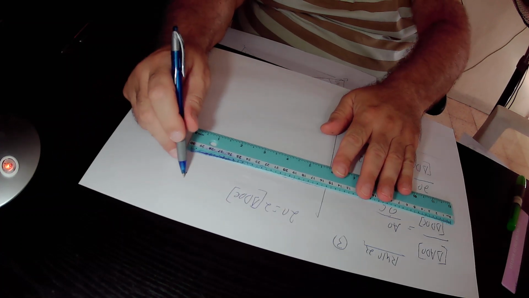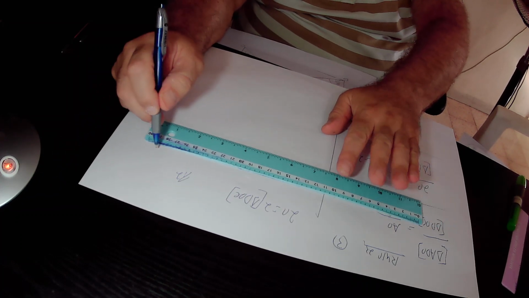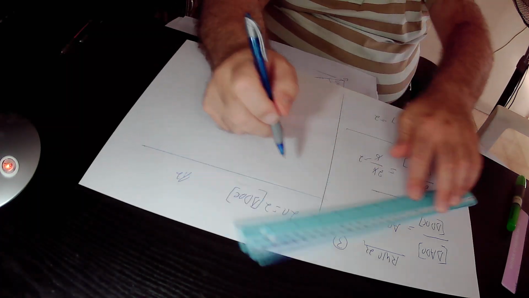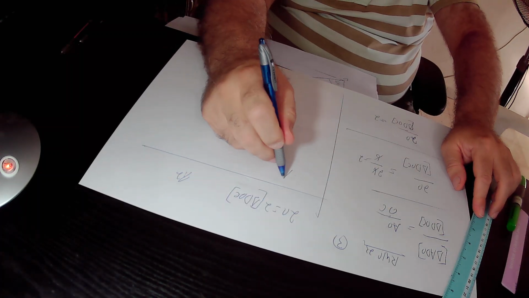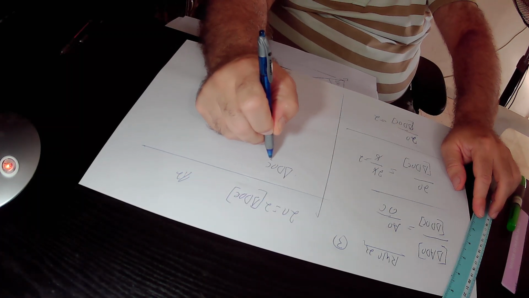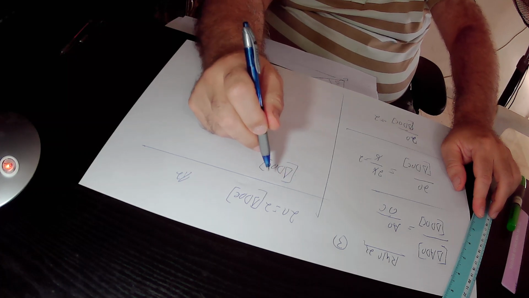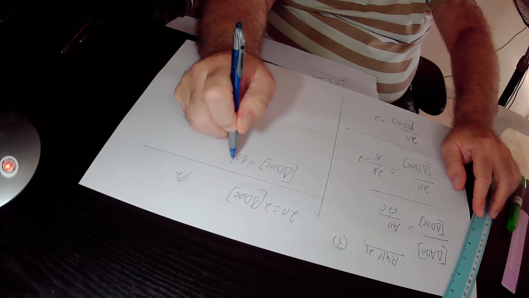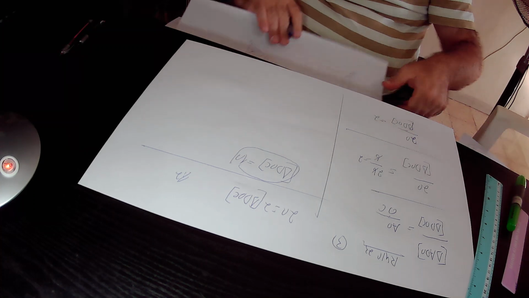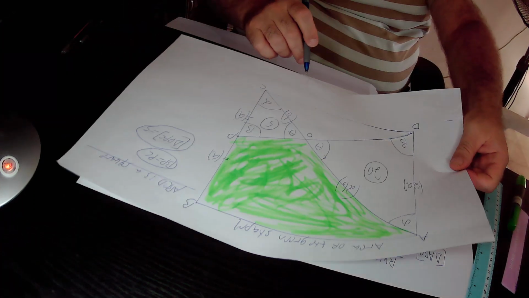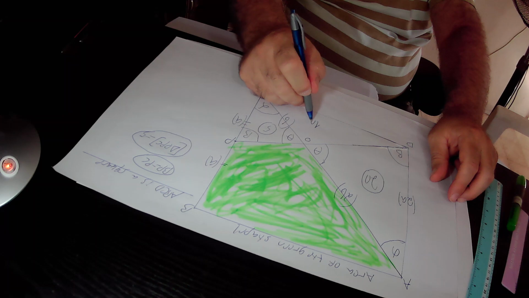Here we divide this equation by 2. And finally we get that the area of triangle DOC is equal to 20 over 2, which is 10 square units. So the area of this small triangle DOC is equal to 10 square units.